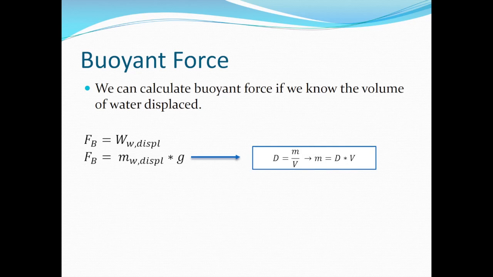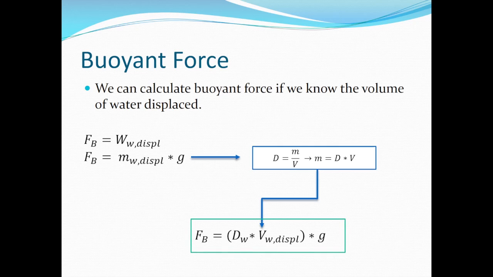We can rearrange this equation to get mass by itself, and we have D times v equals m. This means we can substitute D times V for m in the buoyant force equation, and we get the buoyant force is equal to the density of water times the volume of water displaced times the acceleration due to gravity. This relationship between the two parts of Archimedes' principle helps us to solve problems.